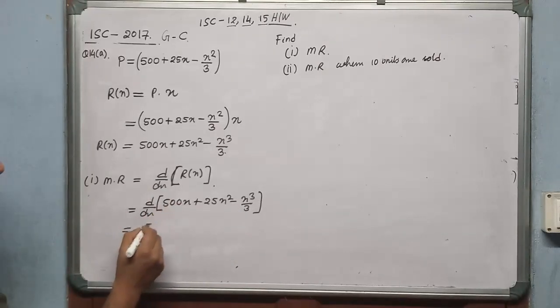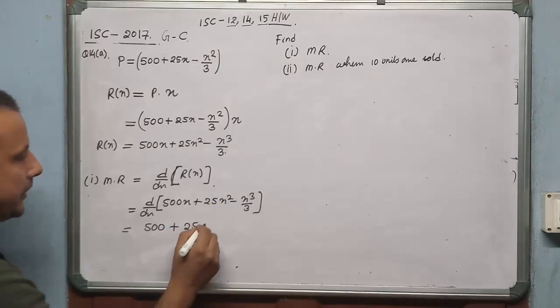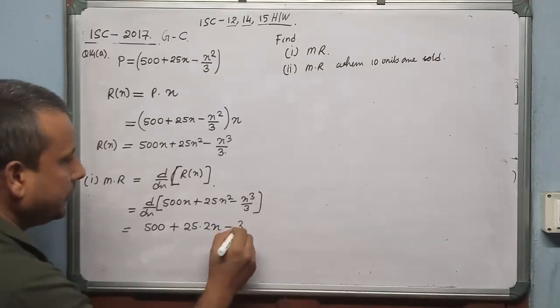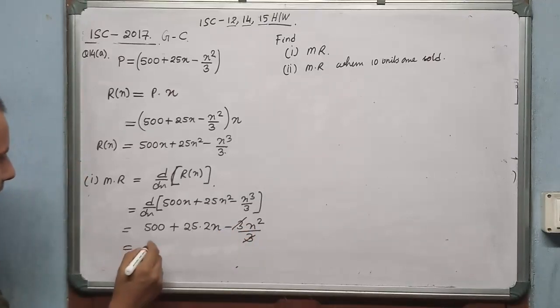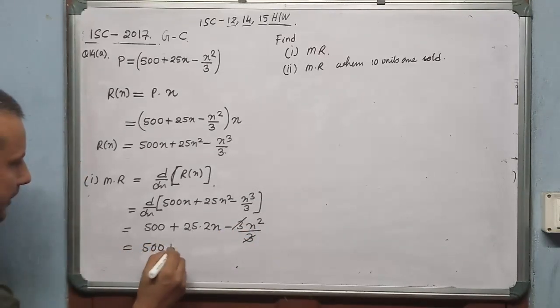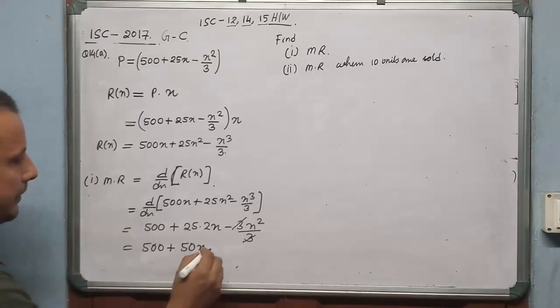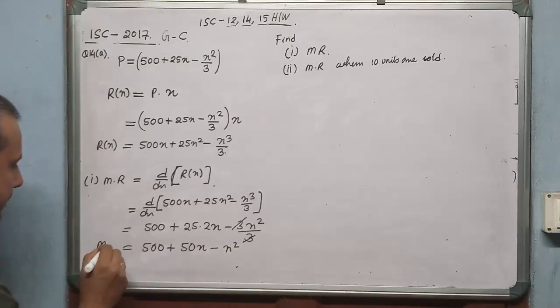The derivative of 500x is 500, plus 25 into the derivative of x square, which is 2x, minus the derivative of x cube, which is 3x square by 3. Cancel. Now it is 500 plus 50 into x minus x square. Now we have the equation of marginal revenue.